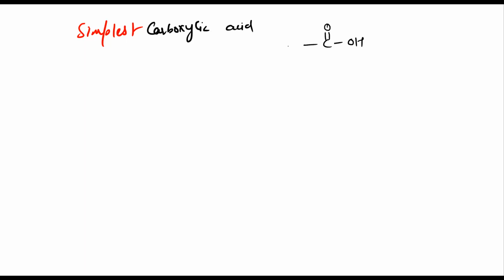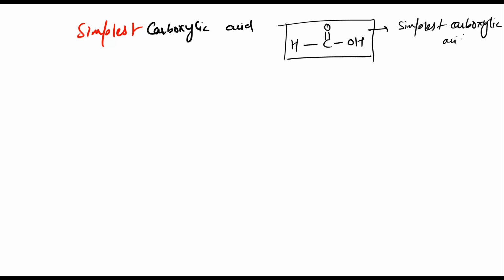If I write another carbon chain here, it will not be the simplest because it will have 2 carbons. The simplest carboxylic acid means the acid with 1 carbon. So to fulfill the valency of this carbon, I can write an H here. So this is the simplest carboxylic acid, with 1 carbon.